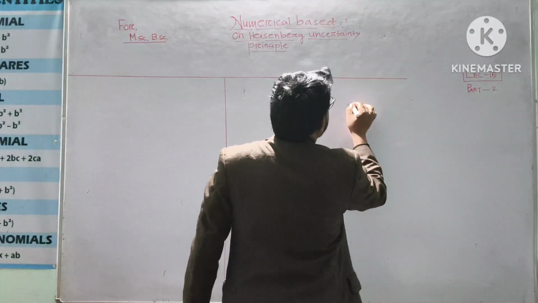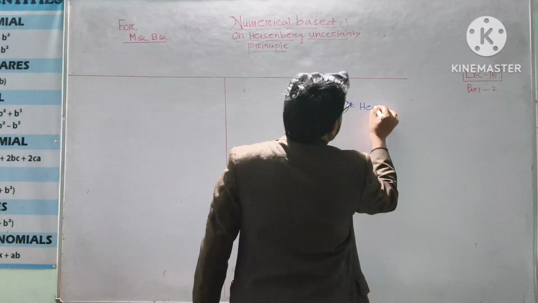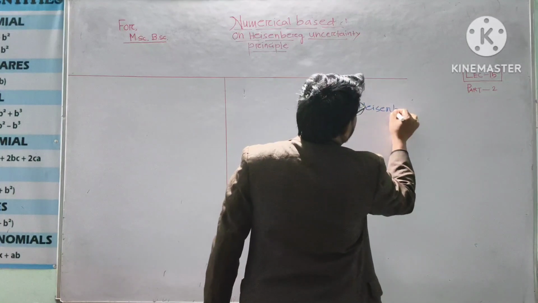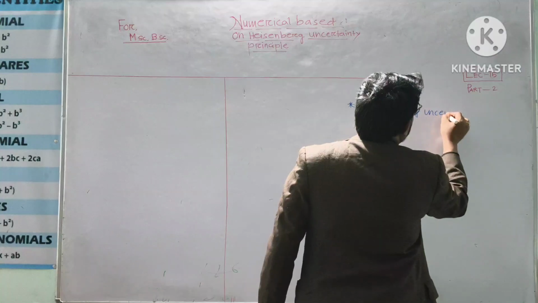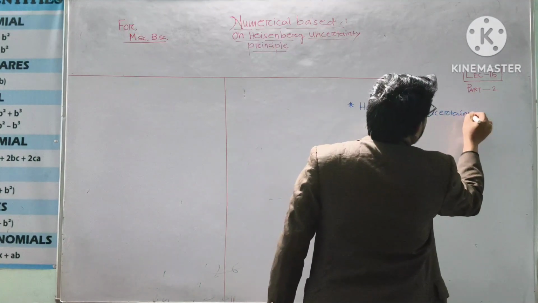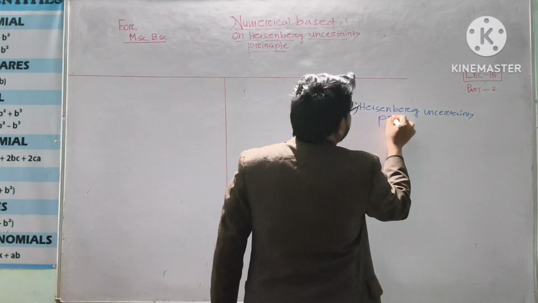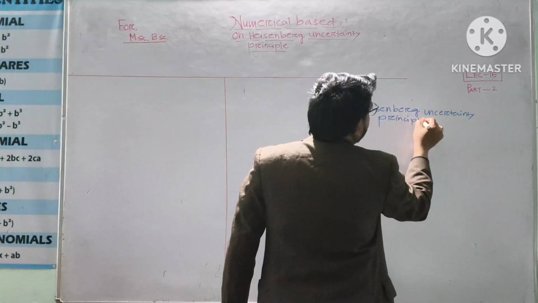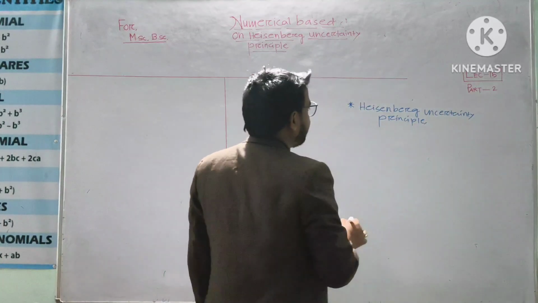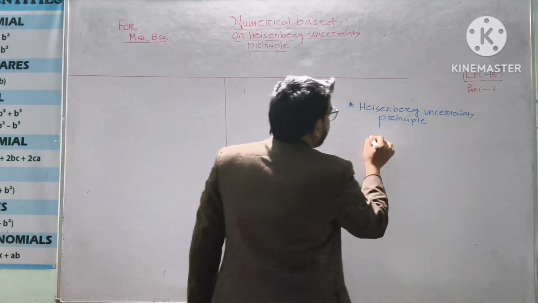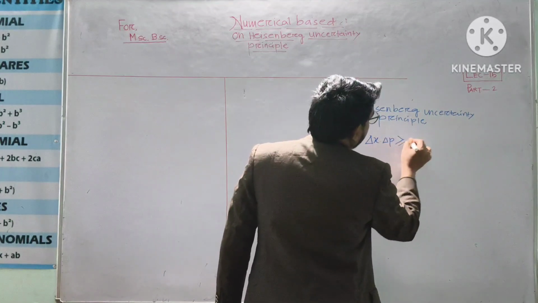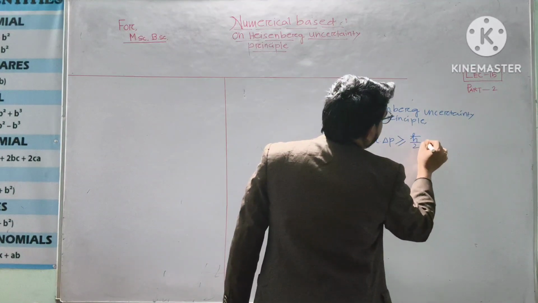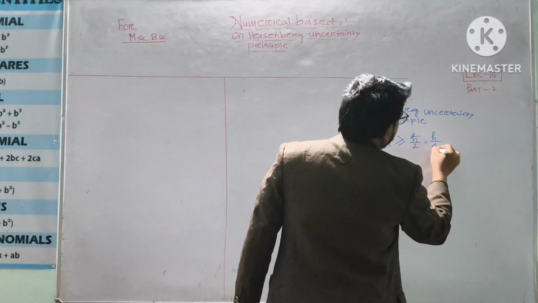The mathematical expression of the Heisenberg uncertainty principle is delta x into delta p greater than or equal to h cross by 2, equal to h by 4 pi.